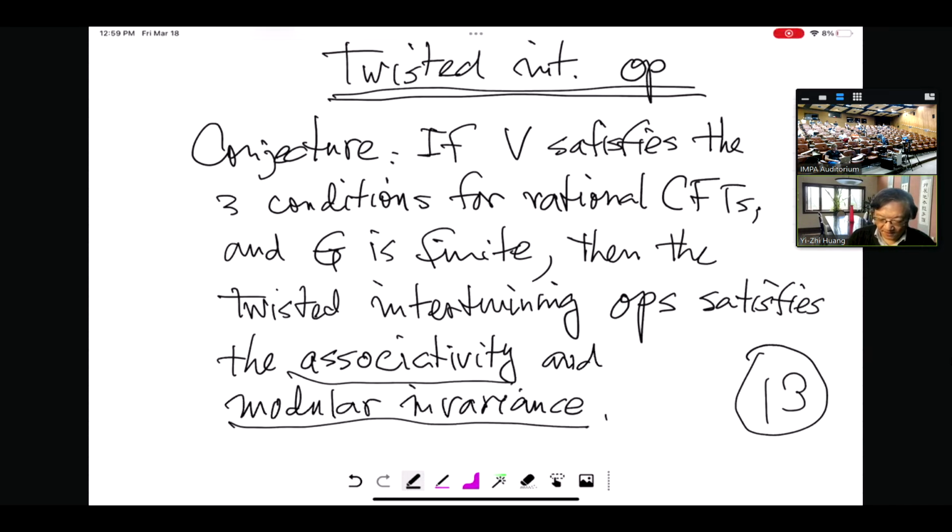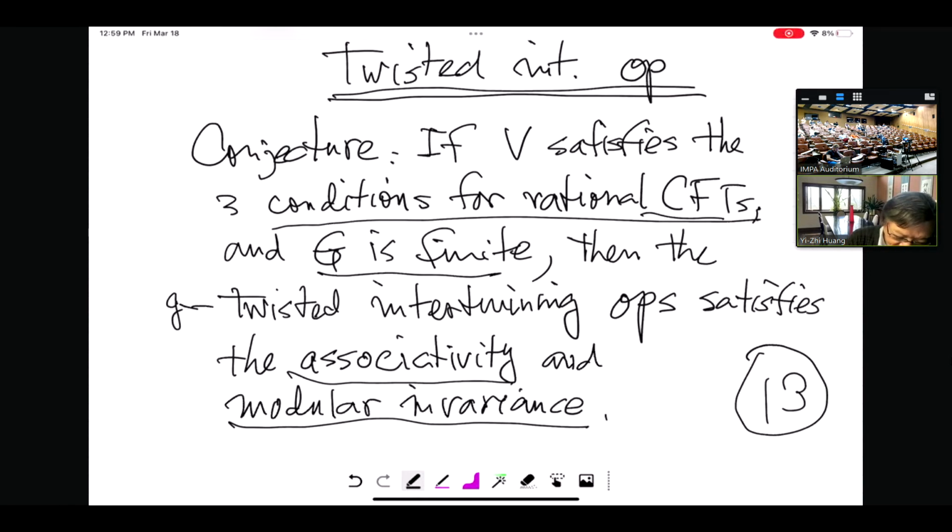But now we conjecture that if we have a nice vertex algebra and G is finite, then the main thing is that this should be G-twisted. Here I'm just discussing the intertwining operators.